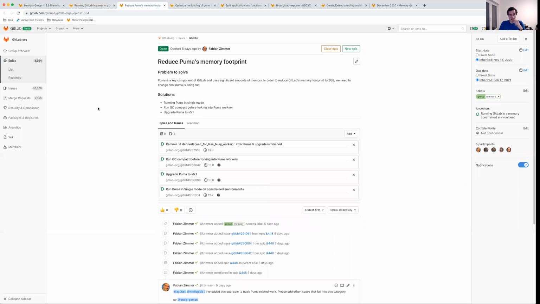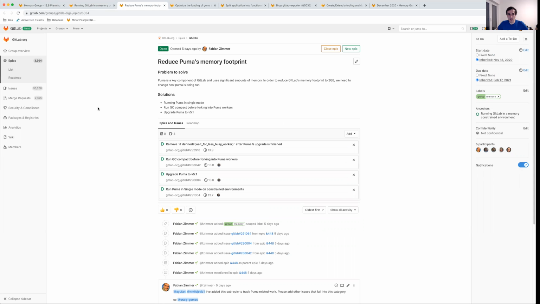The first one is to reduce Puma's memory footprint. Puma is a key component of GitLab, a web server, and we are going to work on making it more memory efficient, especially on memory constrained instances. So we are upgrading Puma to 5.1.